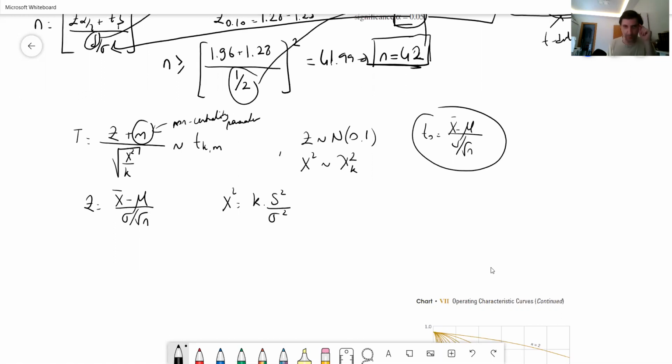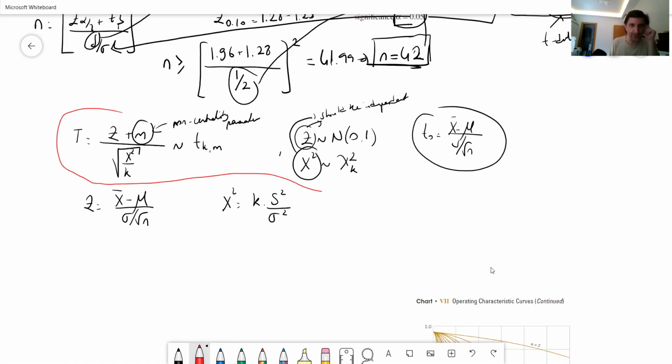There's one important point here: Z and X squared should be independent from each other. So this form comes with that independence assumption or constraint. This is how the t distribution is formed.